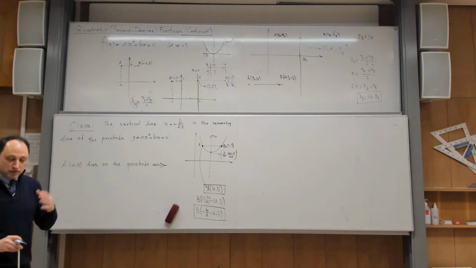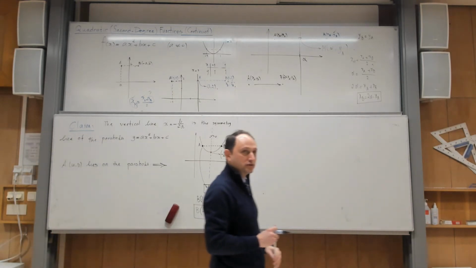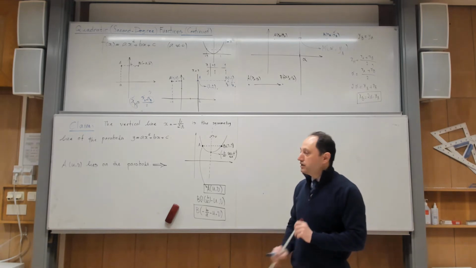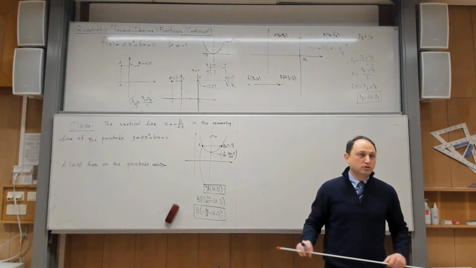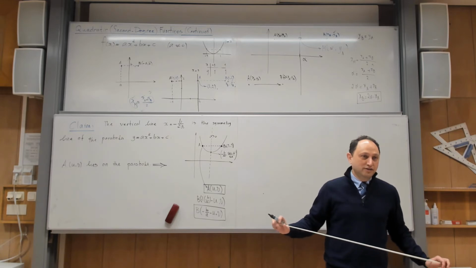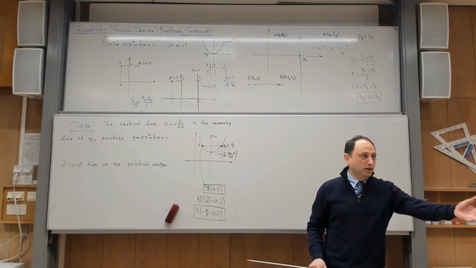There are some anchors in mathematics. You need to learn them very well. It should be very automatic in your brain. If a point is on a graph, what is the consequence of that? Just learn it once and for all, okay? So what is the consequence of a point being on the graph?